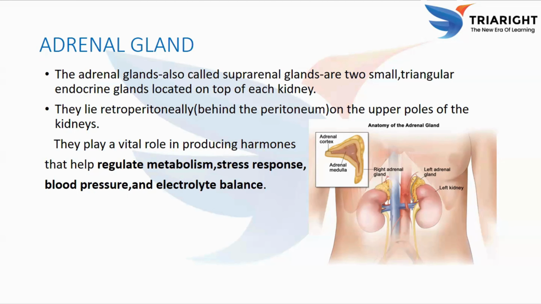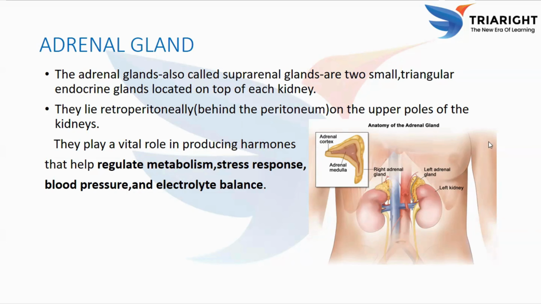Coming to veins, the right suprarenal vein drains into the inferior vena cava, whereas the left suprarenal vein drains into the left renal vein. Now, how is the nerve supply to the adrenal gland? From preganglionic sympathetic fibers, that is T10 to L1 segments, especially to the medulla. This medulla acts as a modified sympathetic ganglion.